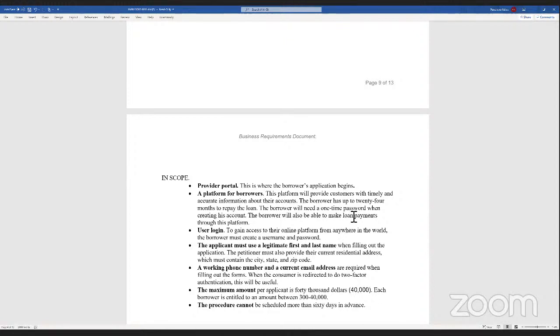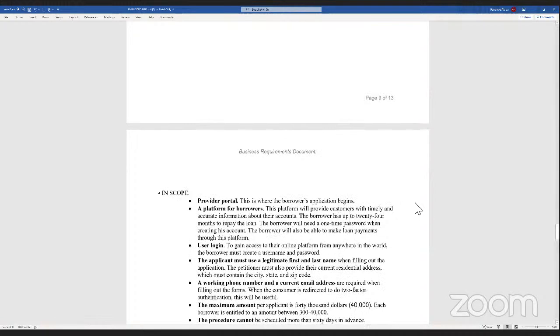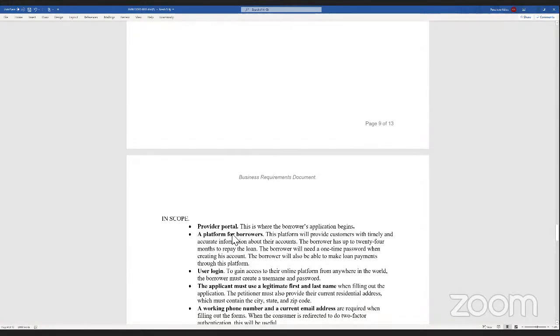So the maximum amount per applicant is $40,000. Each borrower is entitled to an amount between $300 and $40,000. The procedure cannot be scheduled more than 60 days in advance. That's what I wrote for in scope.